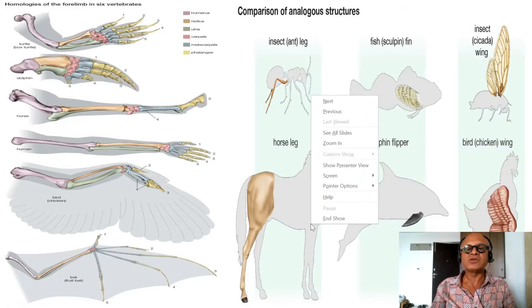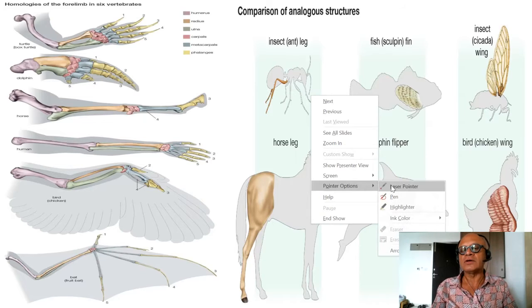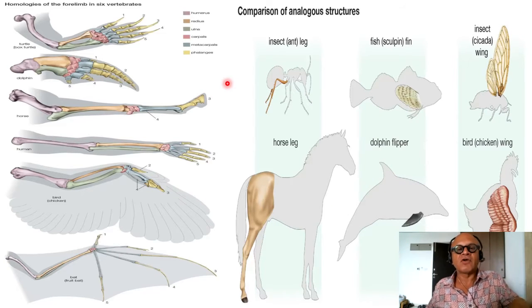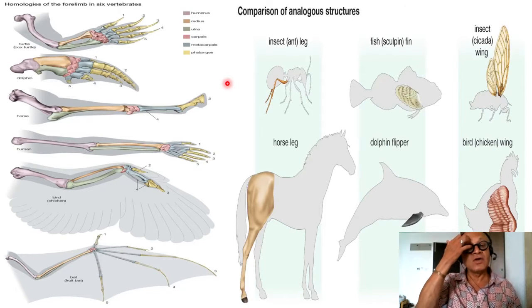So if we go back to what Lamarck and Darwin differed on, Darwin did look at what are called homologies.